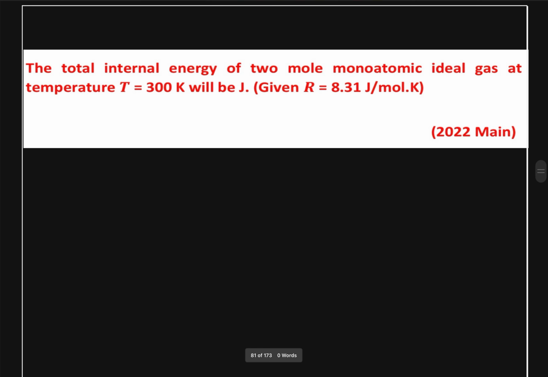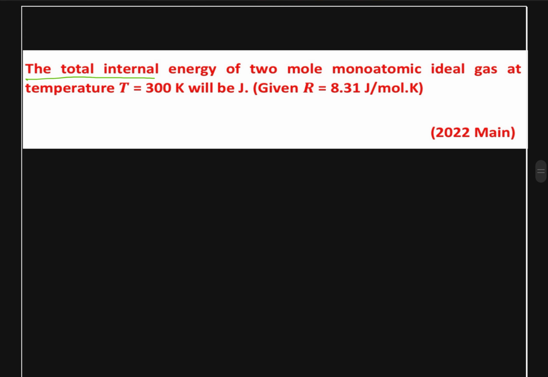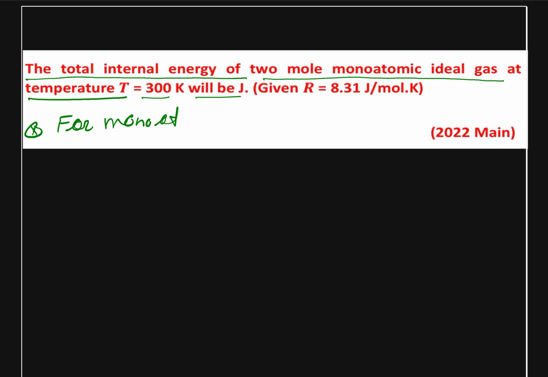It states that the total internal energy of 2 mole monatomic ideal gas at a temperature of 300 Kelvin will be in joules. So this is directly based on the formula. We know that for monatomic, our internal energy is equal to f by 2 times nRT, where f is the degree of freedom.